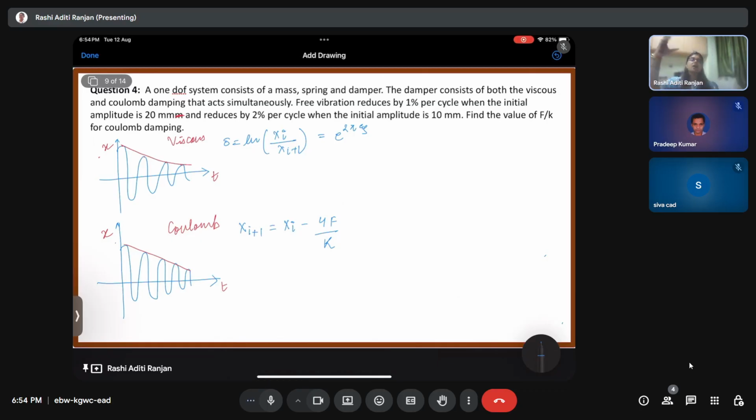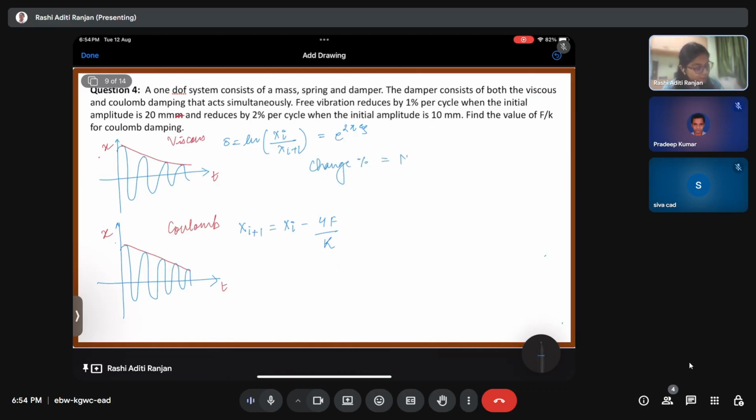And anyways, whatever is going to be the total change, it is going to be the sum of these two changes, right? It's very simple. So for the viscous damping case, the change percent is going to be what?